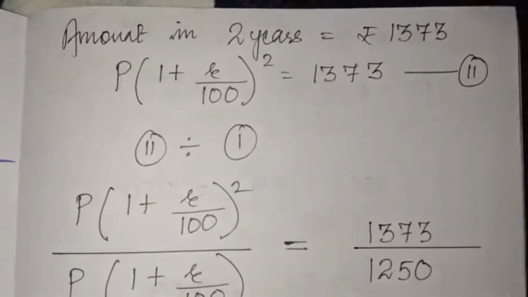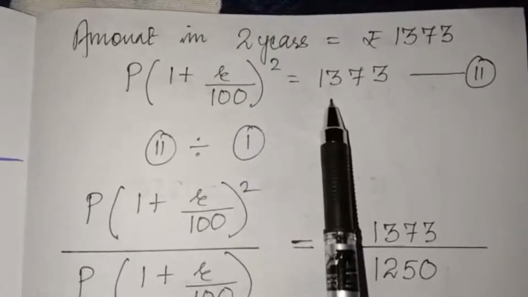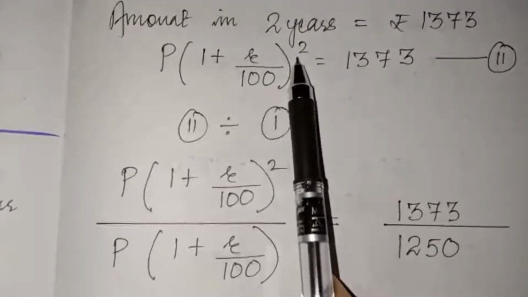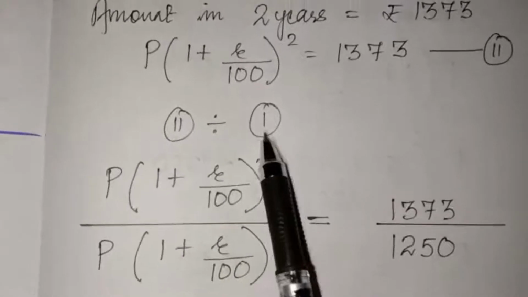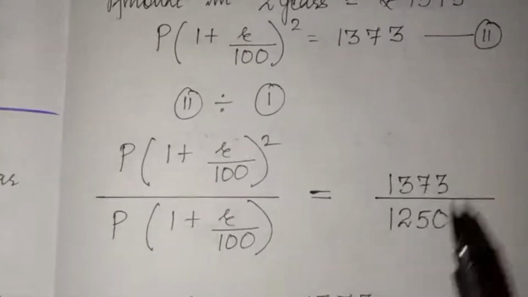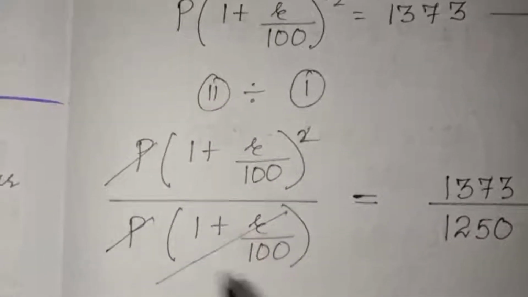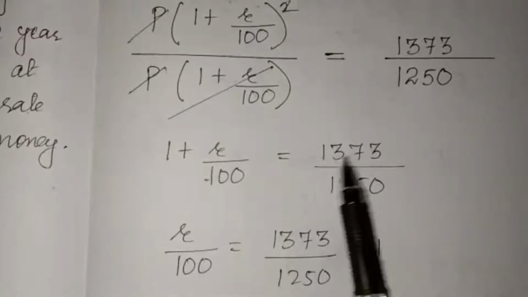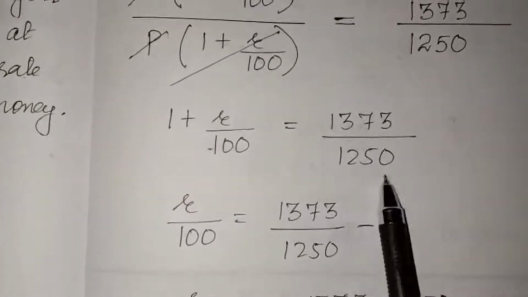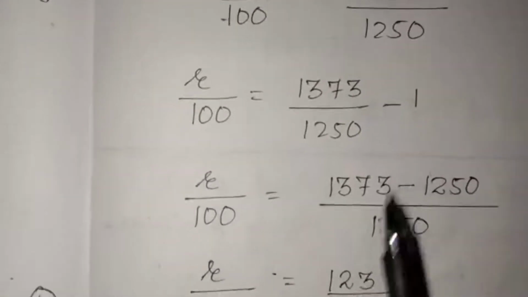What we will do is divide equation 2 by equation 1 because here we have more power. So divide left hand side and right hand side. Here P and P will cancel, this power 1 will cancel with this. Then 1 + R/100 is equal to 1373/1250. 1 you can bring here on the right hand side, then take LCM.